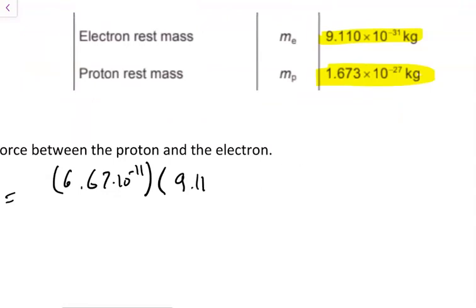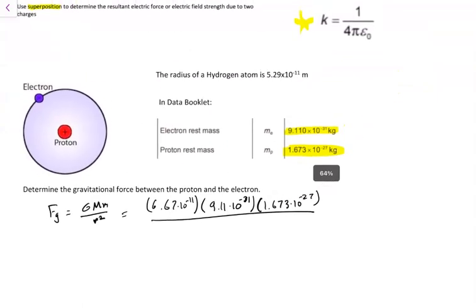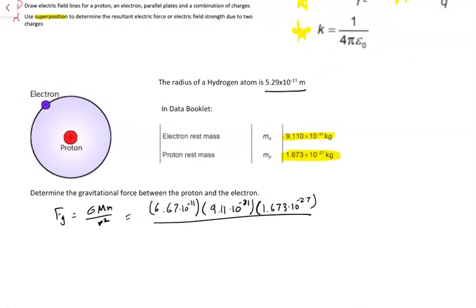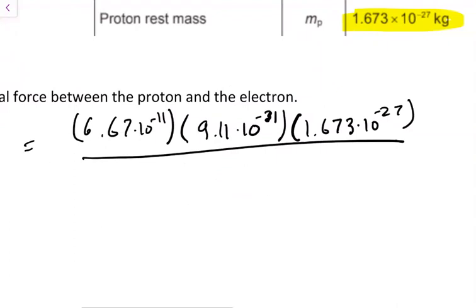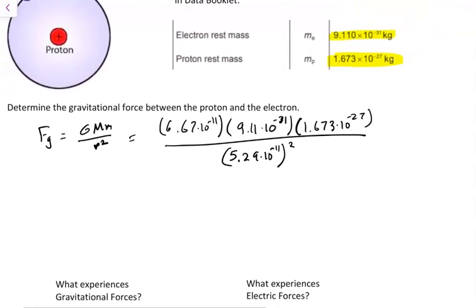I'll use the electron, 9.11 times 10 to the negative 31st, times 1.673 times 10 to the negative 27th, divided by the radius, which is 5.29 times 10 to the negative 11th meters, and that gets squared. So go ahead, plug this into your calculator and see what you get.